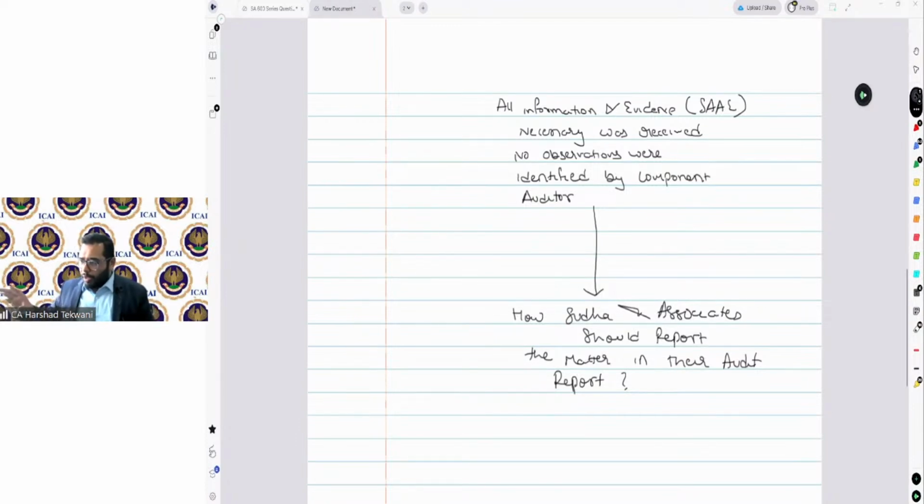Janvi, Purvi Ben, where will you disclose that? That's the more important thing. Even Namrata, where will you disclose that? In the audit report, where will you disclose that?